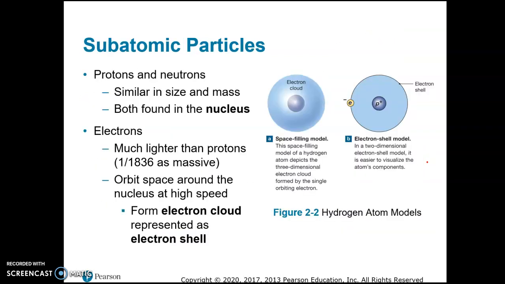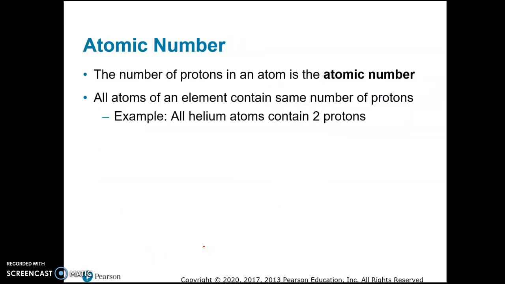And this is just a picture explaining that electrons don't reside in the nucleus. They reside outside the nucleus in electron shells. And the atomic number, again, is the number of protons. Any element is always going to have the same atomic number.